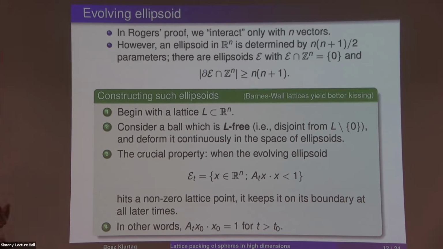In other words, if you write the ellipsoid as A_t x times x at most 1, then if you hit the point x0, you require that A_t x0 times x0 equals 1 at all later times. Each time in this evolution process, when you encounter a new lattice point, you get a linear constraint on the matrix A_t.